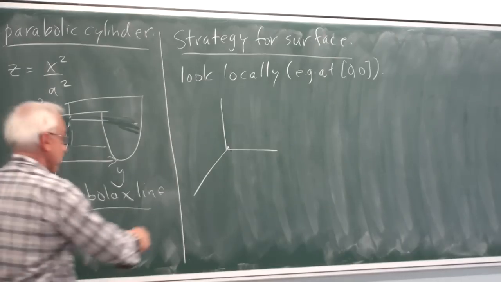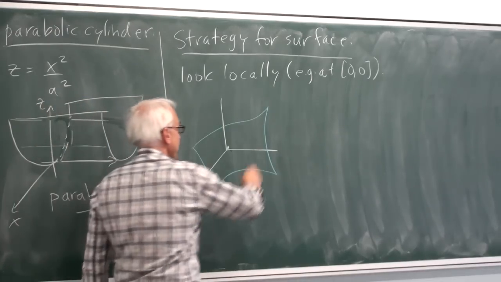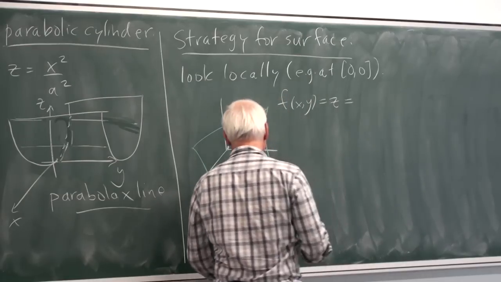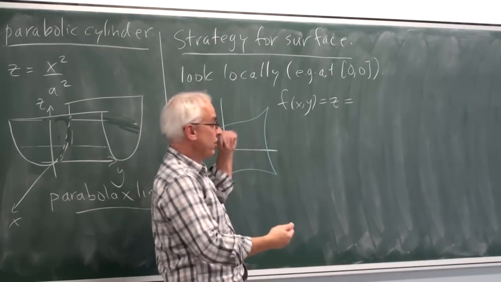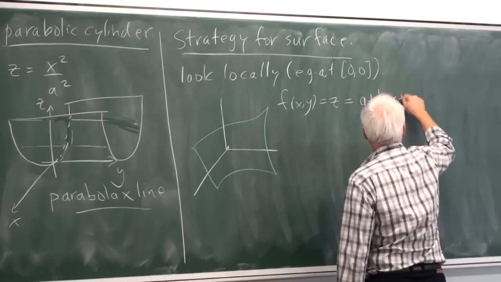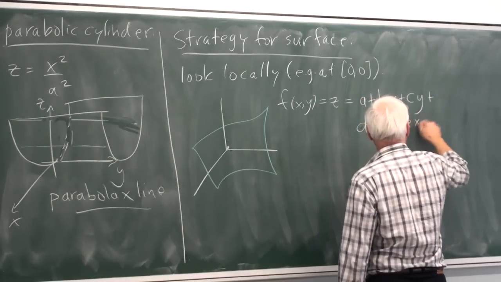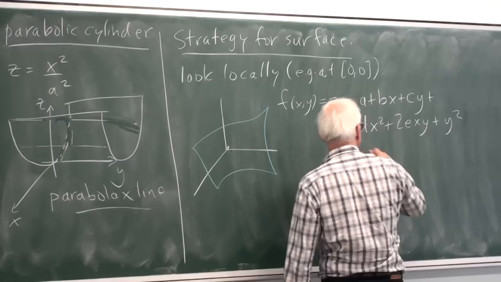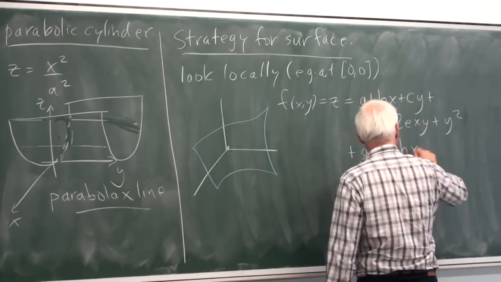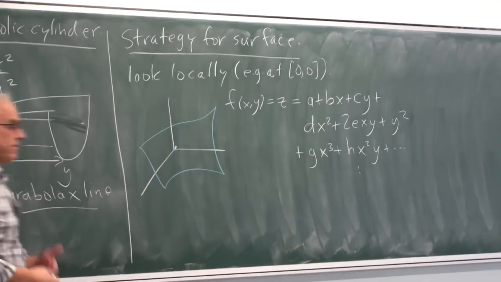Then at this particular point, 0, 0, it has perhaps the shape of a graph. So perhaps we have f of x, y equals z is some general function of x and y. Perhaps a plus bx plus cy plus dx squared plus 2exy plus fy squared plus cubic terms gx cubed plus hx squared y, and so on. Okay, so a general kind of thing.